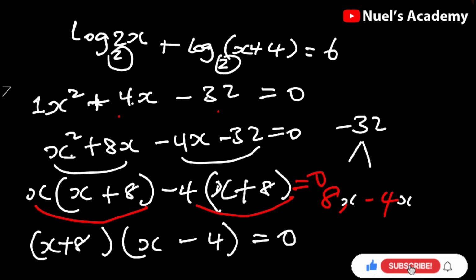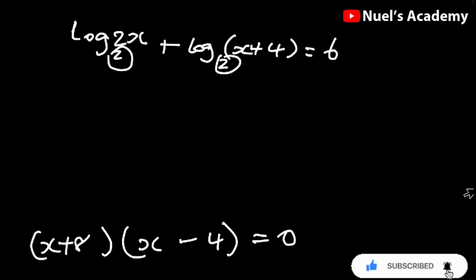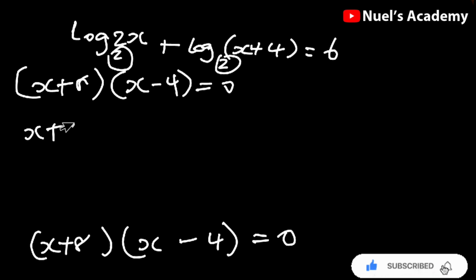So let's make some space. So we have x plus 8 into x minus 4 equal to 0. So x plus 8 equal to 0, or x minus 4 equal to 0.